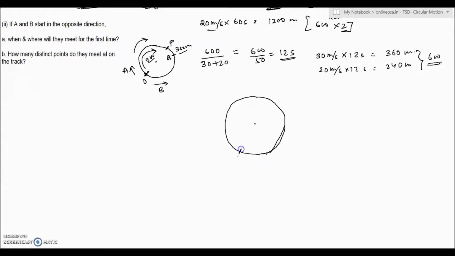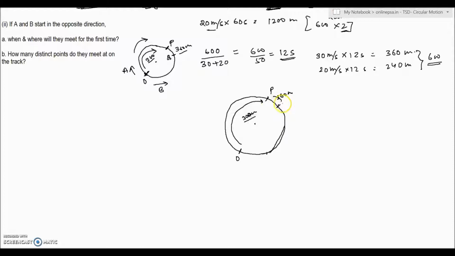We started with a point O, and P was the diametrically opposite point, and they meet at a point Q, which is 60 meters from P. And this entire distance is 300 meters.